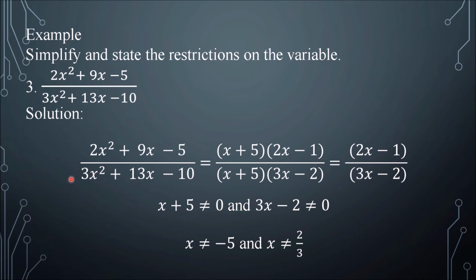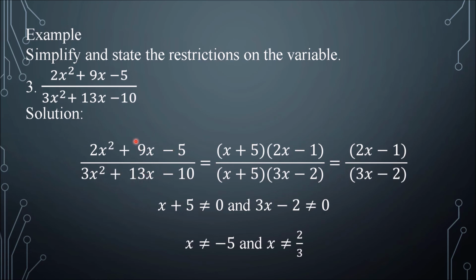And then 3x squared plus 13x minus 10 has the factored form of x plus 5 and 3x minus 2. Same reason, factors of 3x squared are x and 3x. Negative 10 are 5 and negative 2. So this is a perfect combination to get 13x, and this one for 9x.